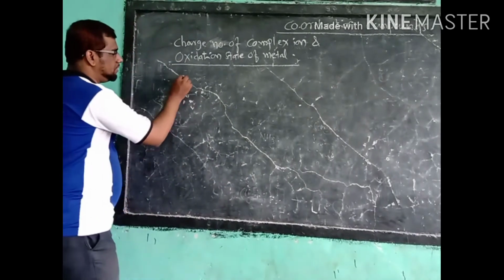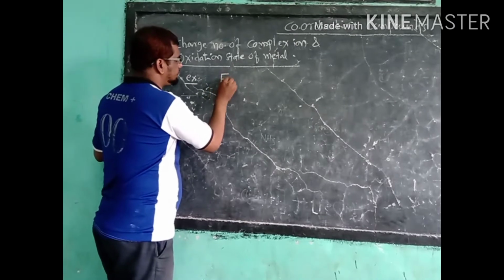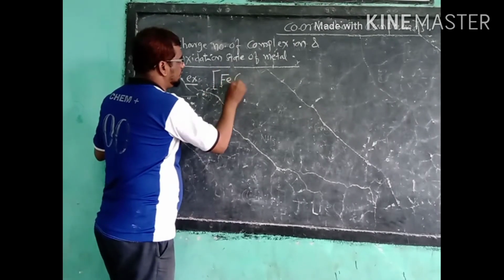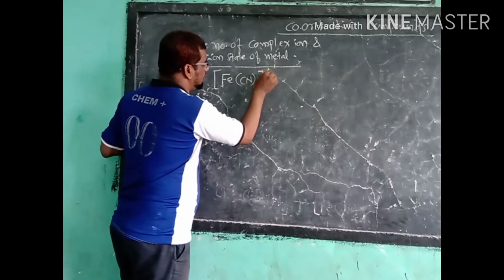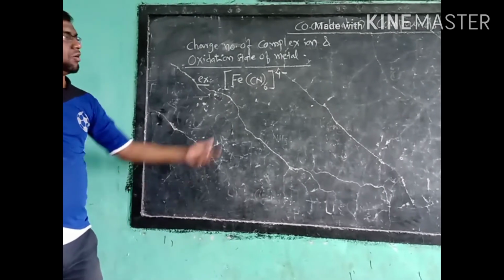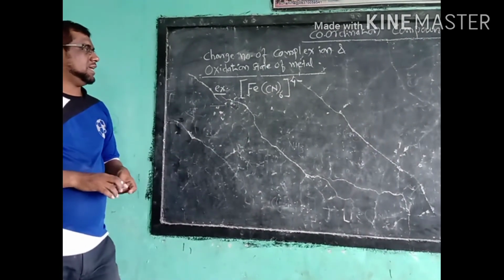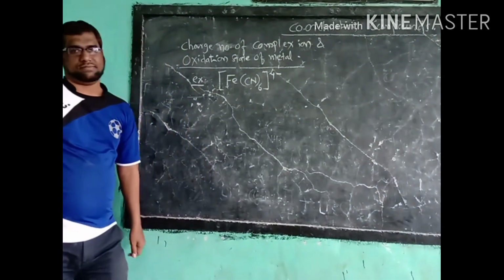For example, we shall take Fe(CN)6 4 negative. That is the complex hexacyanoferrate(II) ion.